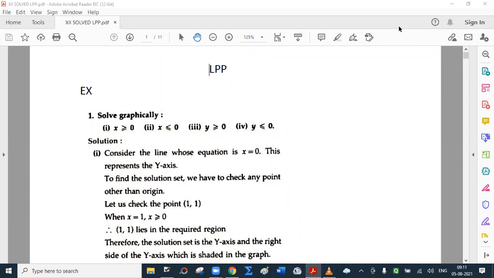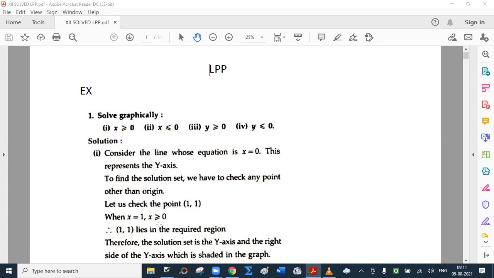Number 1, solve graphically x greater than or equal to 0. Consider the line whose equation is x equal to 0. This represents the y-axis. To find the solution set, we have to check any point other than the origin. Why? Because this line passes through the origin. Let us check the point (1, 1).